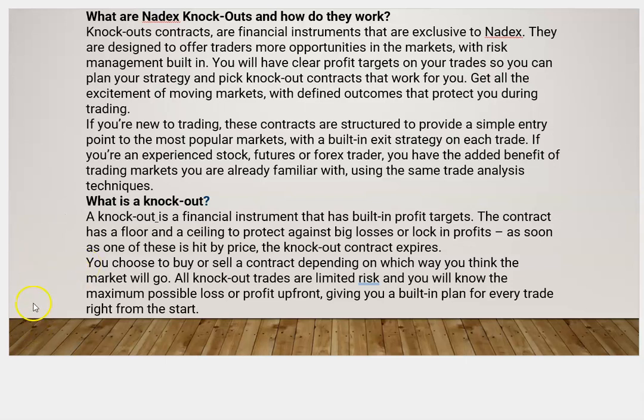You choose to buy or sell a contract depending on which way you think the market will go. All knockout trades are limited risk, which I just mentioned, and you will know the maximum possible loss or profit up front, giving you a built-in plan for every trade right from the start. So if we have a particular call, let's say we're saying that the market's going to go down, and let's say you have X number of dollars risk, and you decide, well, you know what?